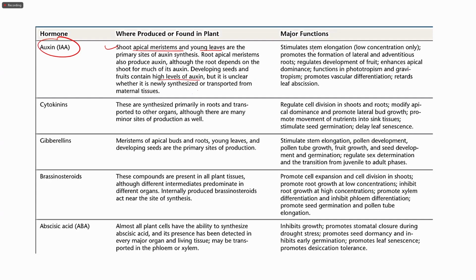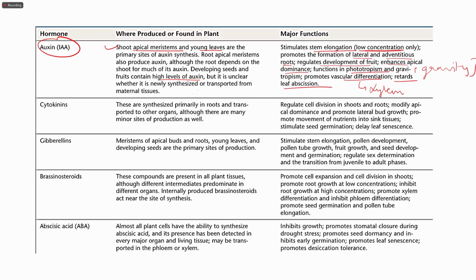Major function is it stimulates stem elongation at low concentration only, promotes the formation of lateral and adventitious roots, regulates development of fruit, enhances apical dominance, functions in phototropism and gravitropism, means against the gravity. Promotes vascular differentiation, we know xylem differentiation, retards leaf abscission.